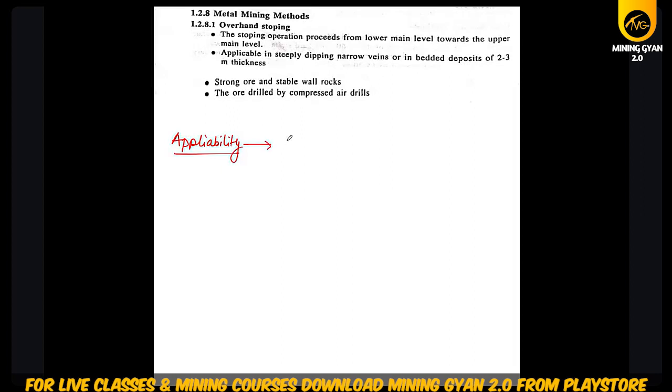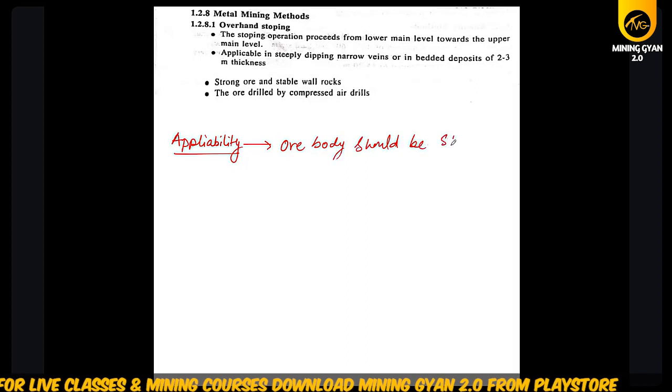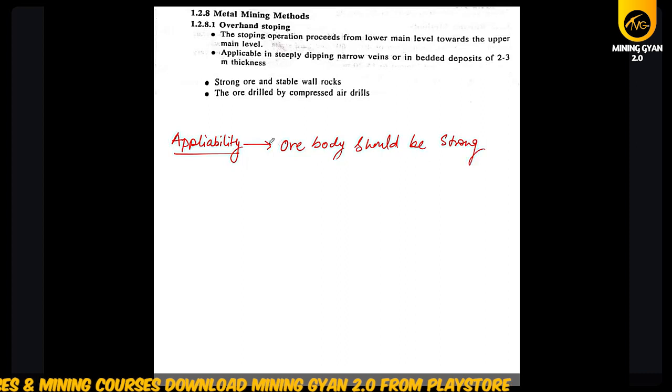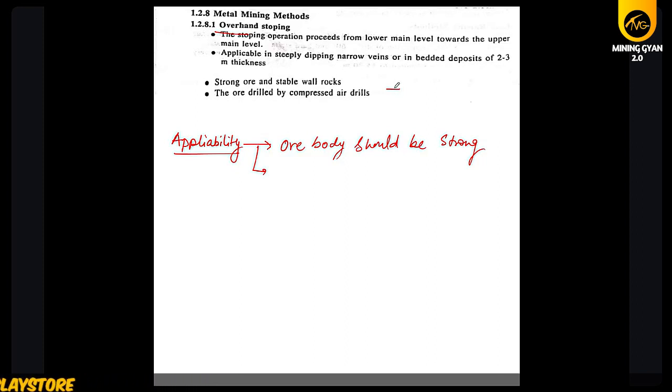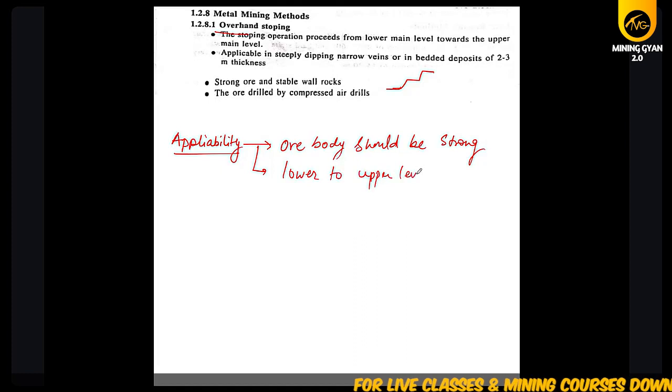In this method, the ore body should be strong, and in overhand means we will go lower to upper level.